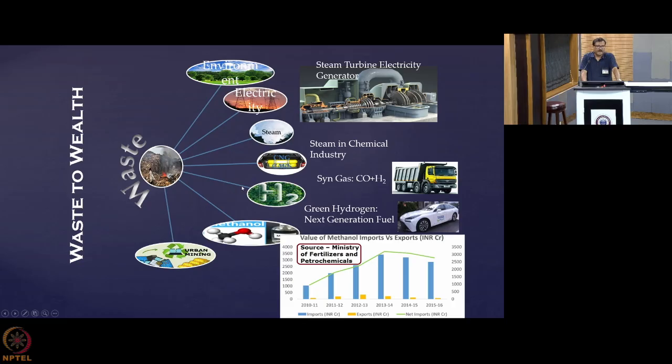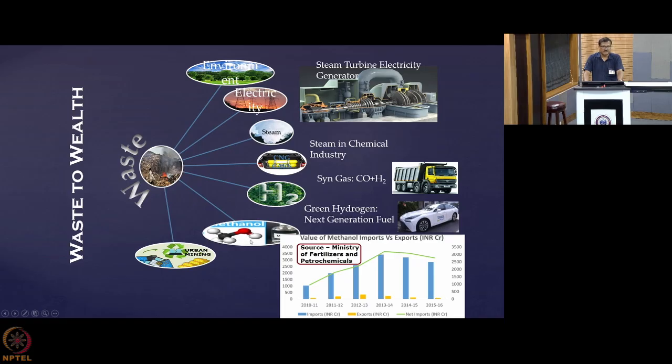Then you know that hydrogen is a future generation fuel. So if you are able to separate CO from this combination, then you can get hydrogen, which is the next generation fuel. Otherwise, if you are producing the syngas not in a very huge amount, then you can use a catalytic converter, which is readily available, to convert this CO and H2 to methanol.